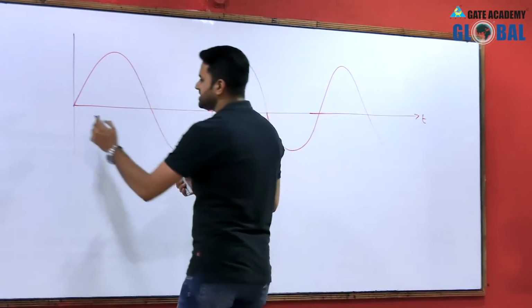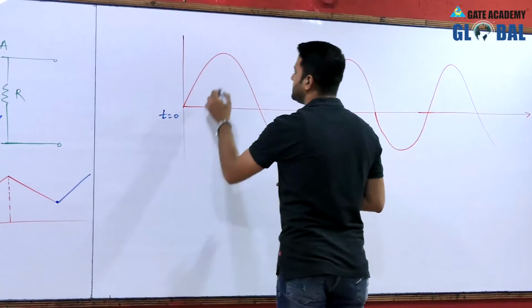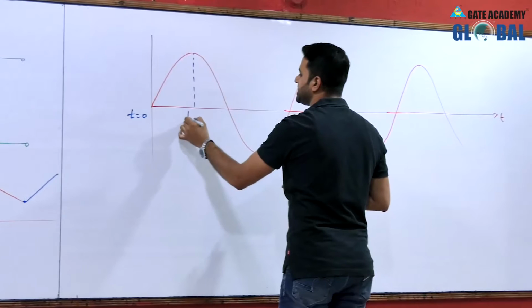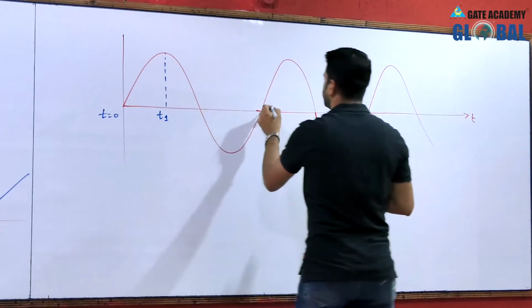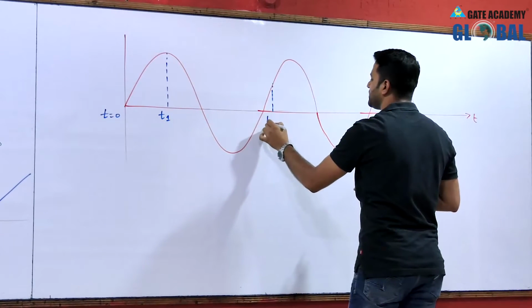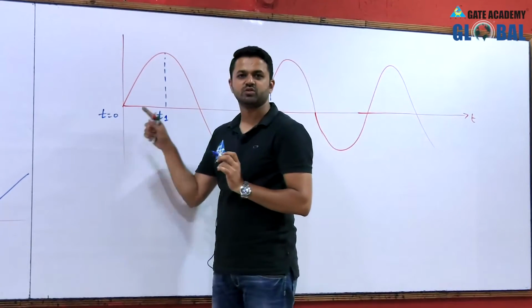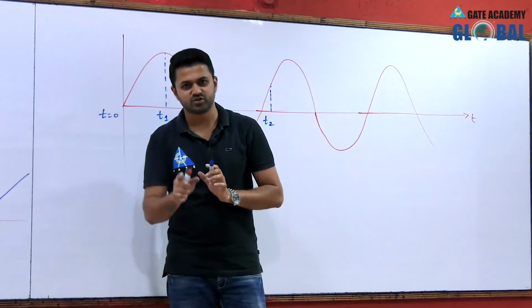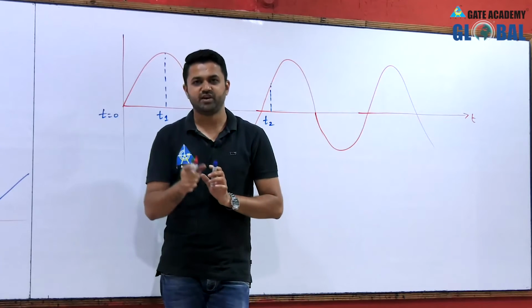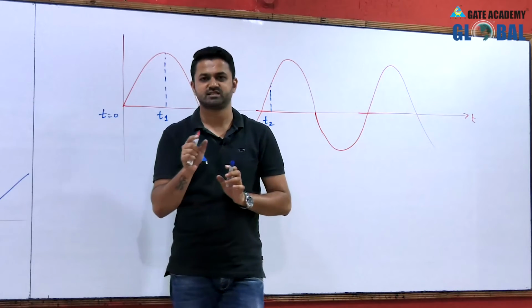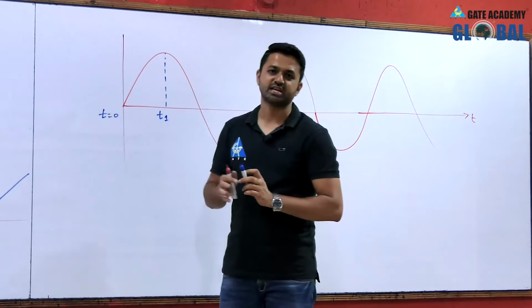So this is t equal to 0, this is t equal to t1, here at some point t equal to t2. What will happen at t equal to 0? P side and N side have the same voltage, and when both have the same voltage there will be no charge or discharge process.